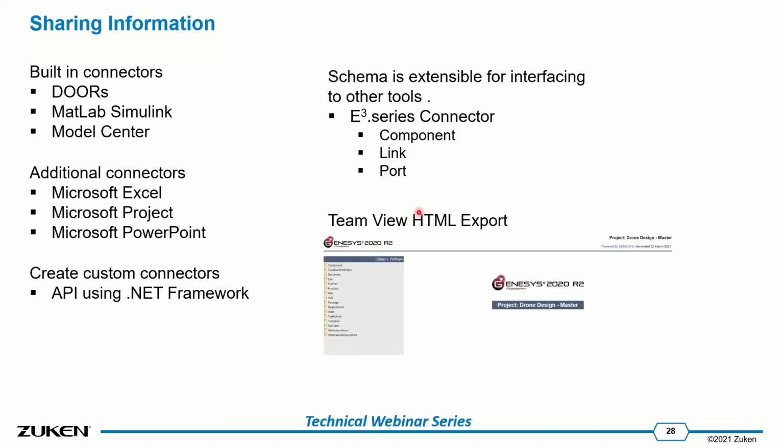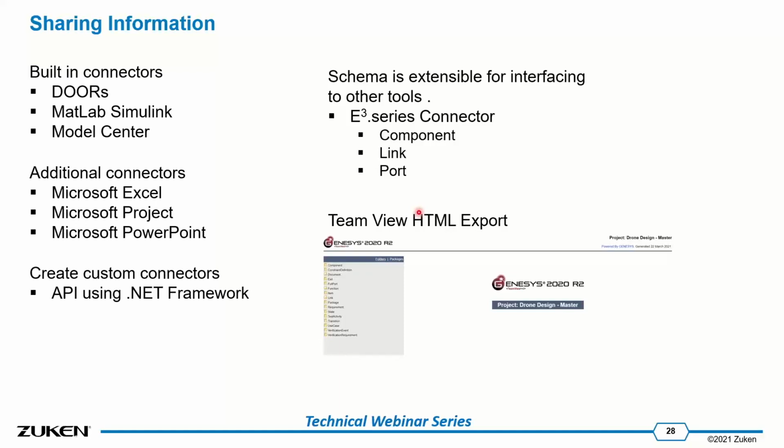There's an underlying set of standard APIs that use the .NET framework, and you can create your own connectors to that database. The meta model that I talked about at the beginning is a schema, and it is extensible. You can create and modify that schema so that you can interface to other tools.